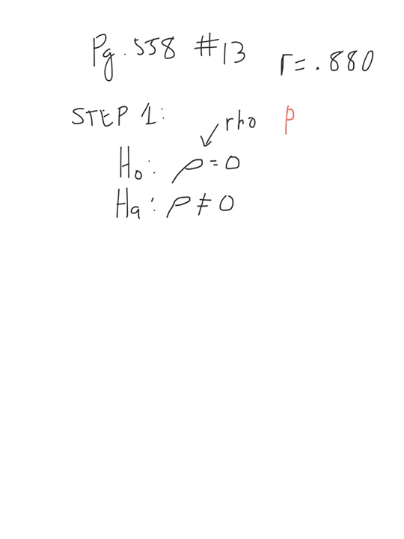The rho is a little bit to the right, where the P is more vertical, straight up and down. For our hypotheses, you don't have to identify the claim, since the question will always be whether there is a significant linear relationship between the variables.